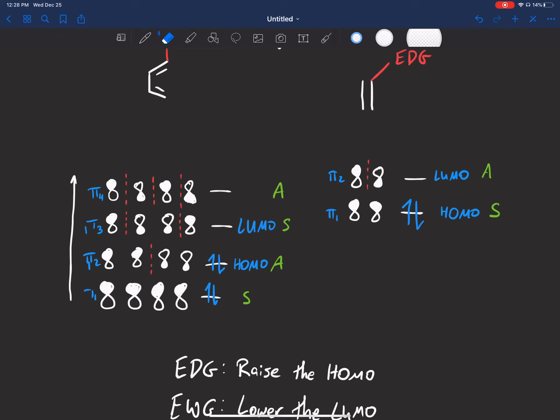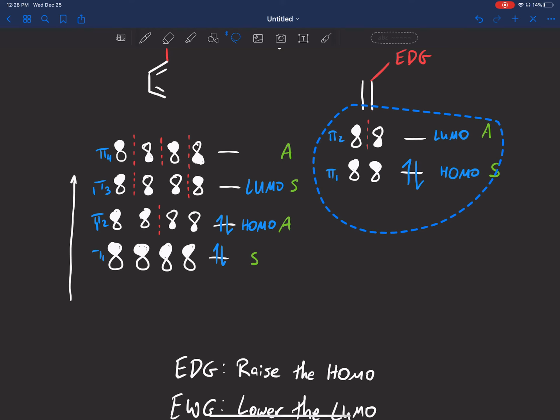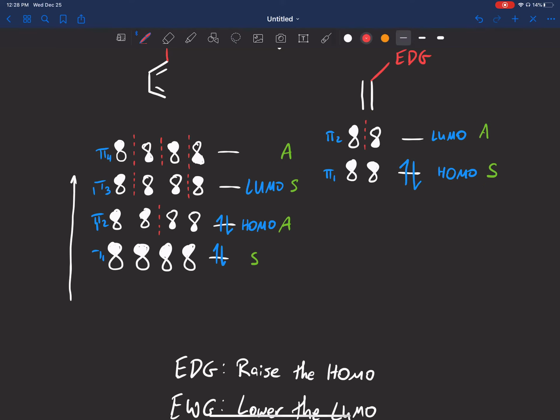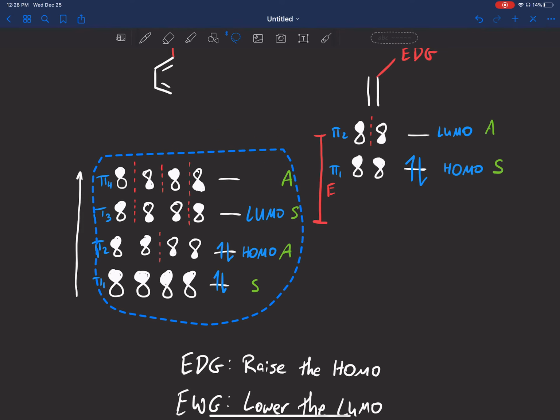So let me just redo this again. Let's bring him back to the starting positions. We wanted to make this energy right here smaller. Bring the HOMO up and bring the LUMO down. But because we have a withdrawing group now on the diene, it's going to drop this down.